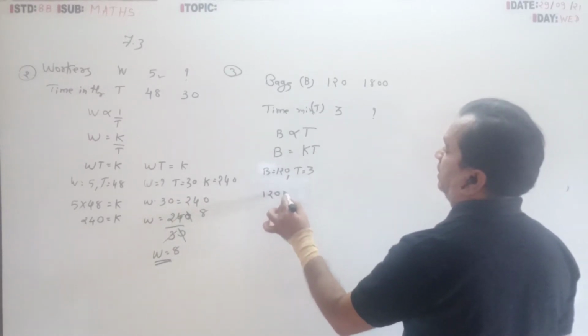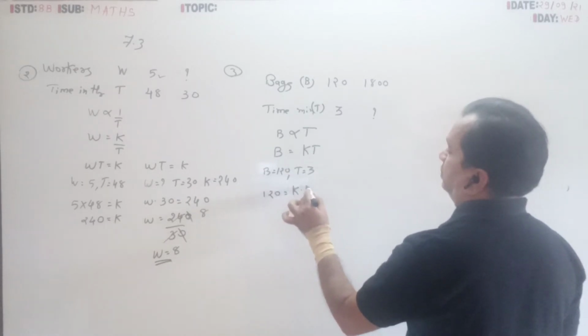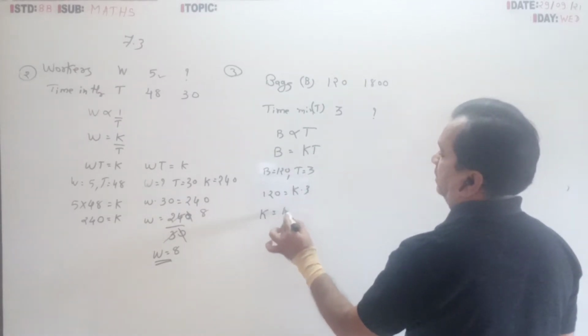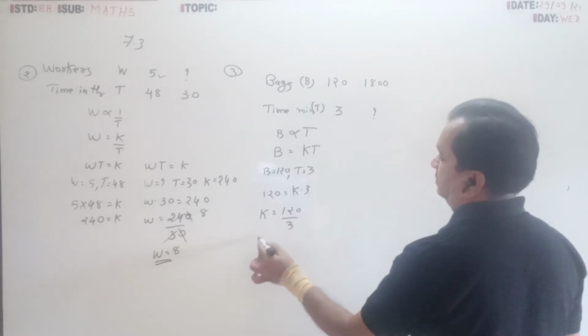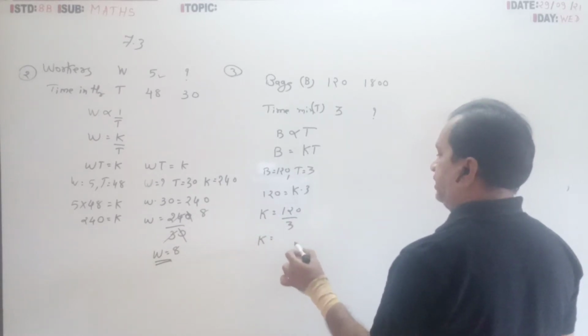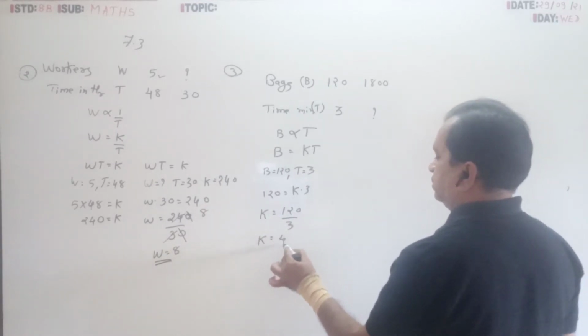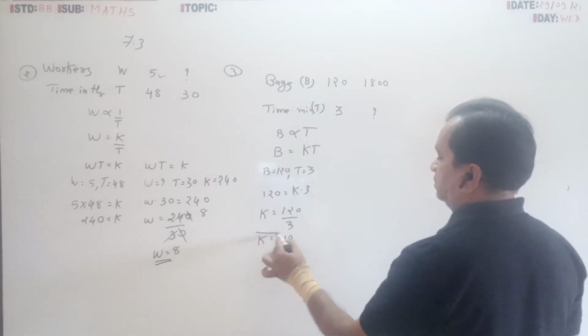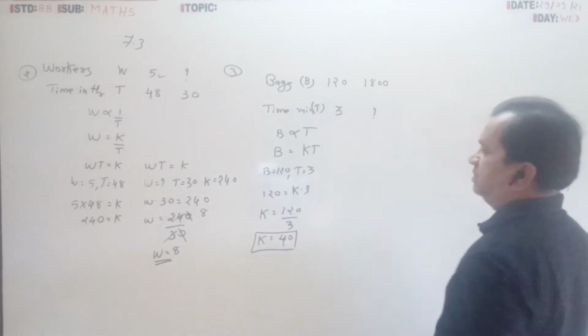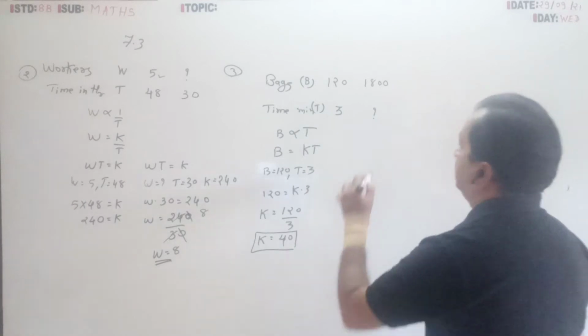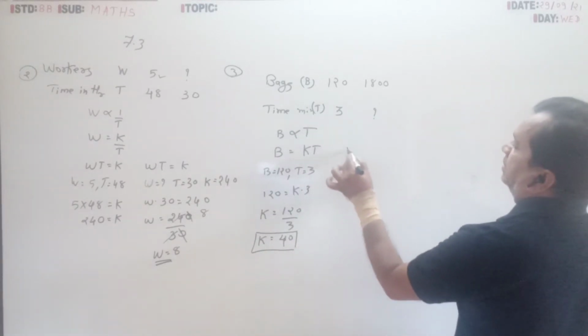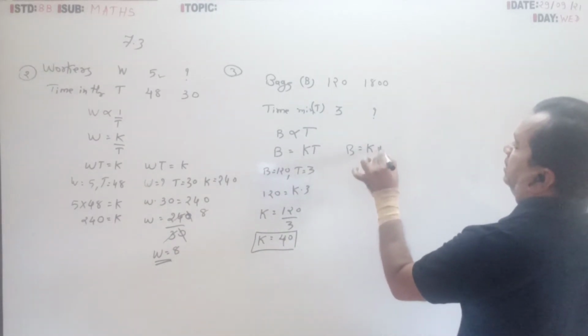So 120 is K into 3, K is 120 by 3, K is 40. Now here again B is equal to KT.